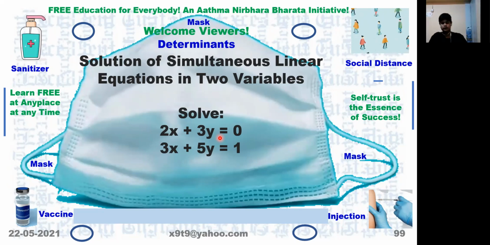So x value is minus 3 and y value is 2, sir. Correct. So we should verify it, check whether it is right or wrong.